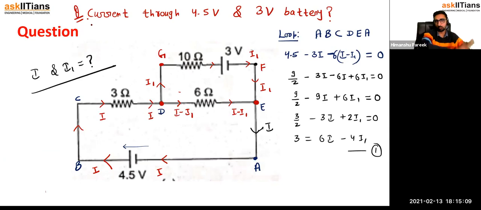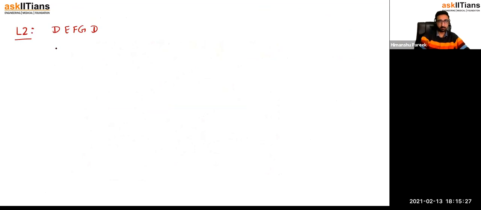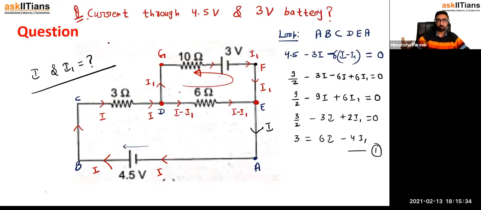So first of all, when you go from D to E, with I minus I1 current, you are walking in the direction of current. Any direction you can walk. That is your choice. I'm again repeating, it's not a hard and fast rule that whatever I have taken, you should do that only. Now I minus I1 multiplied by 6, but with a negative sign because I'm walking in the direction of current, is equal to... then from E to F, no current, no potential difference.